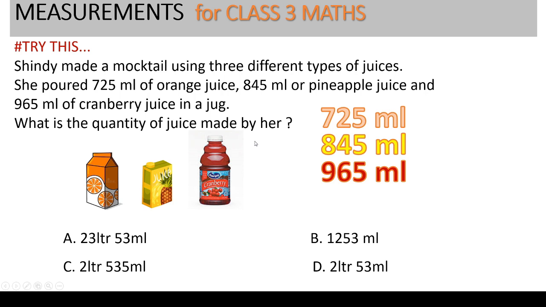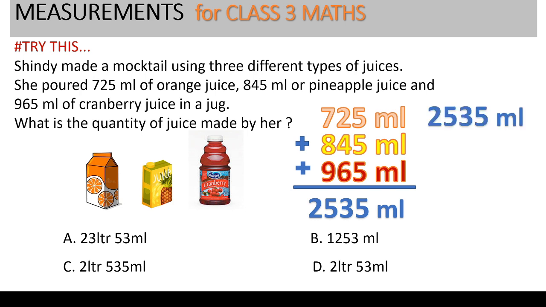What is the quantity of juice made by her? Well, as told before, whenever you want to add different measuring units, they should be in the same unit. Now, all of them are in ml, so we can simply add them and we will get 2535 ml as the sum of these 3 liquids.